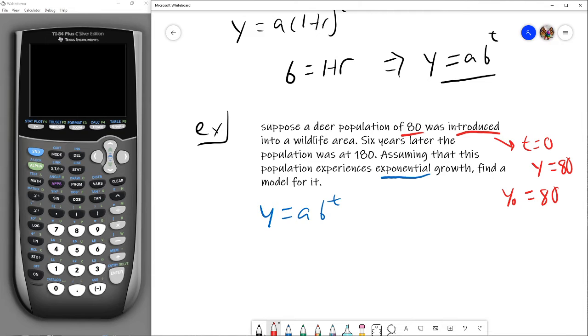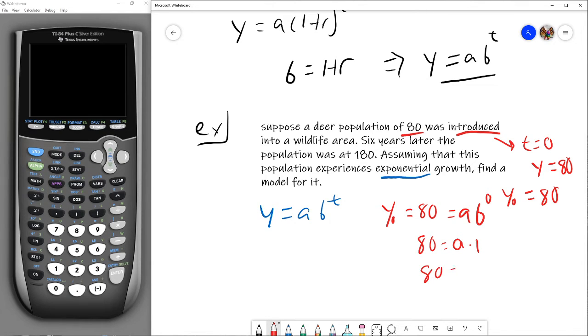This is important information because we can now set up an equation where y naught is equal to 80, and this is a times b to the 0. Now, it doesn't matter what b is. It's to the 0 power. So 80 has to equal a times 1.